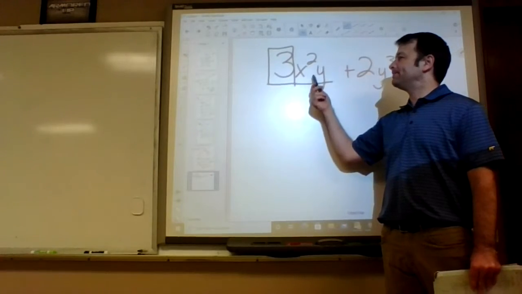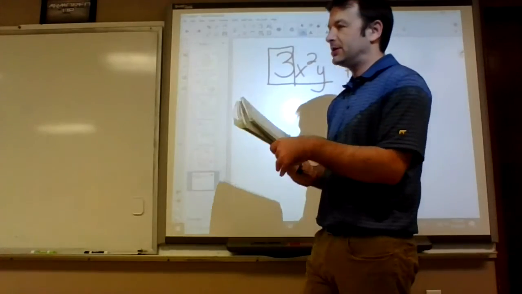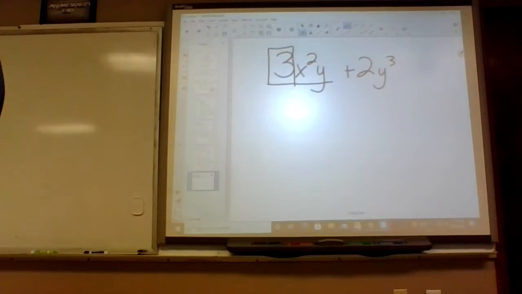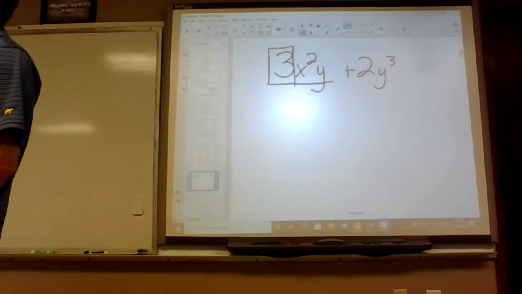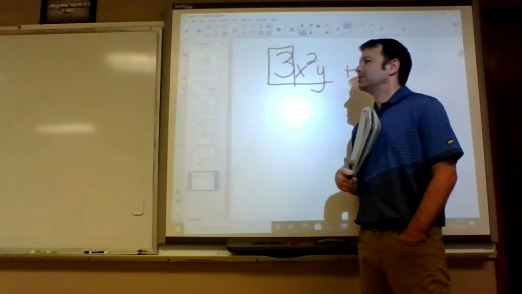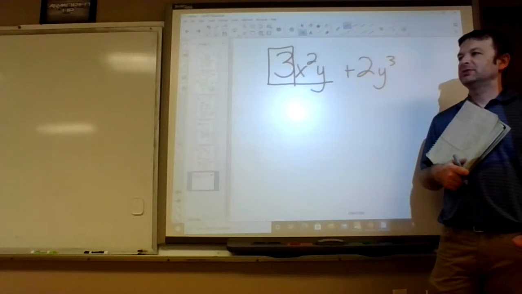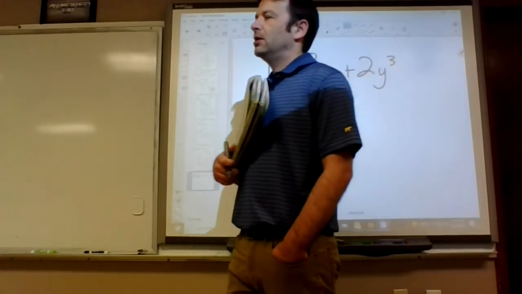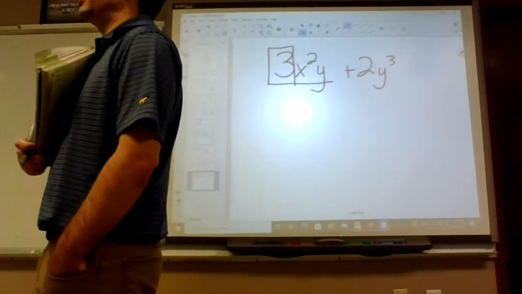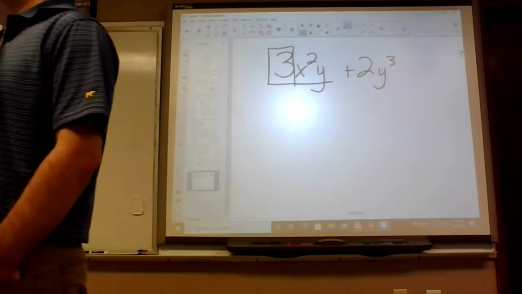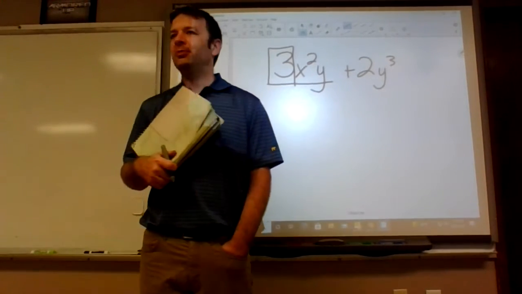So we're going to say a constant is a fixed number, like a set number, and a coefficient is the number on the front of a term. Basically the number you multiply by.